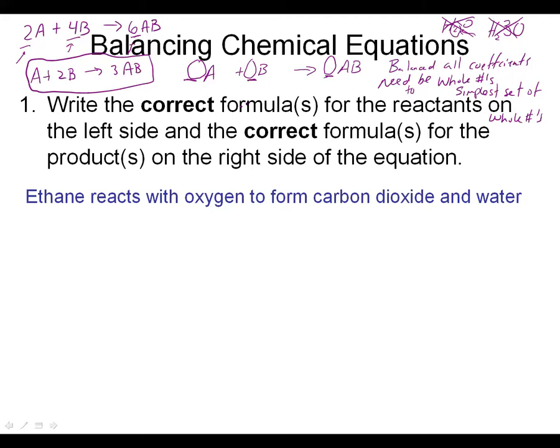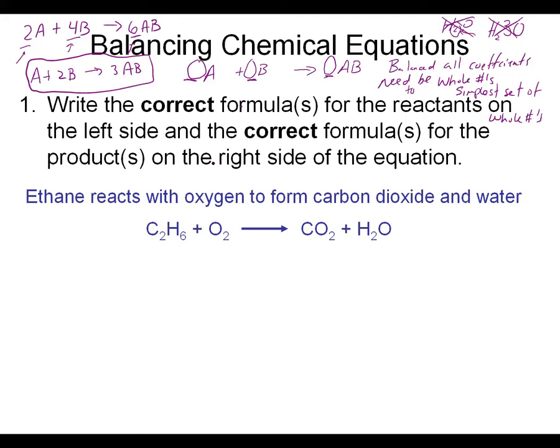What they end up doing is usually writing the wrong formulas, and they'll never get anything to balance, and you'll be there all day. So the order in which you want to do this is first write the correct formulas, and then balance the equation. So if we put down the correct formulas here, ethane is C2H6 plus oxygen, which is O2, gives me CO2 and water, which is carbon dioxide and water.